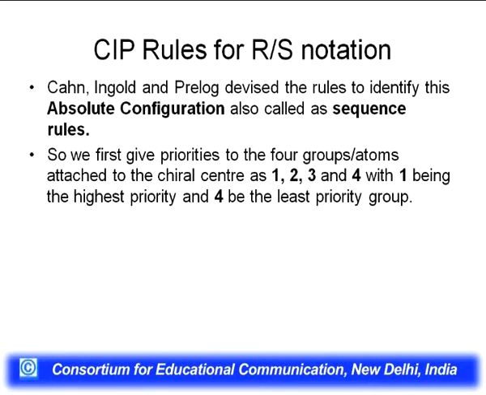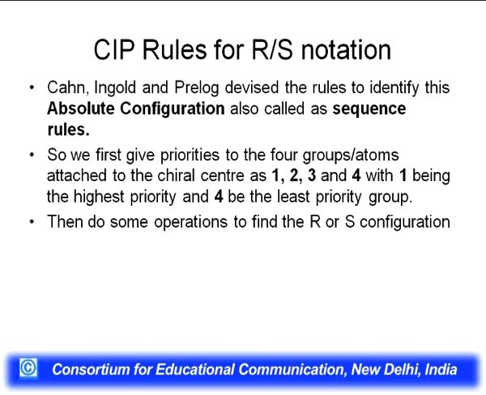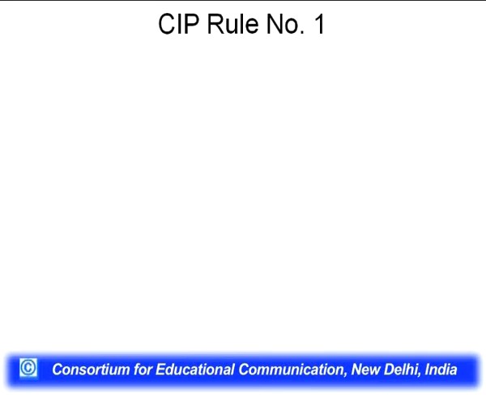Number 1 being the highest priority group or atom, and number 4 is the least priority group. Then we would do certain operations, like we did certain things in symmetry elements, similar to those, not exactly those, and from those 4 priorities we would be finding the RS configuration or absolute configuration. So, let us now first start the rules for priority.